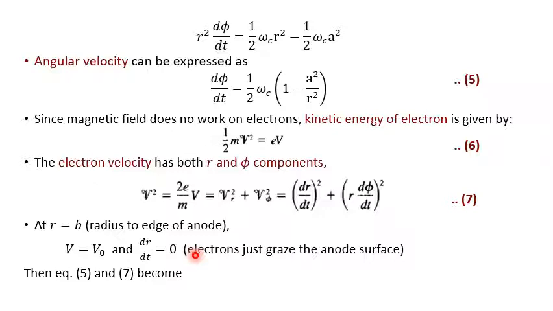So by using this condition, you can rewrite the equations 5 and 7. Okay, so in equation 5, you just substitute r is equal to b, and in equation 7 this dr by dt term becomes equal to 0.